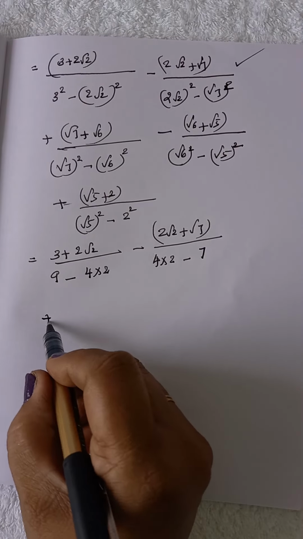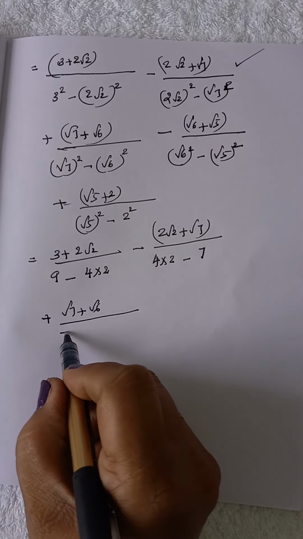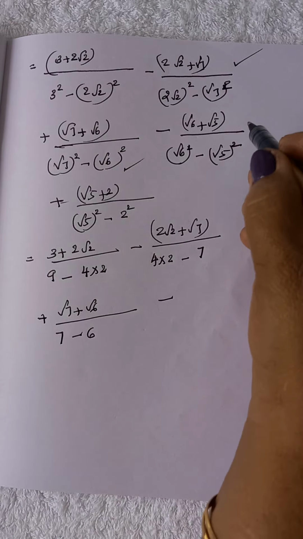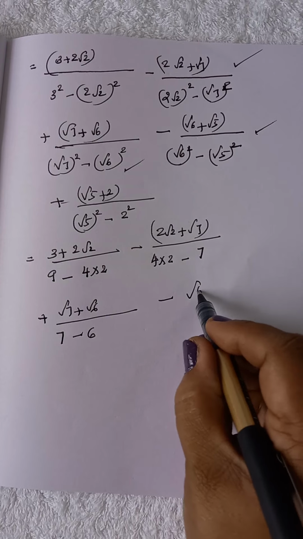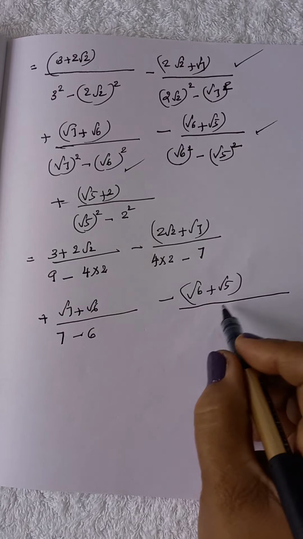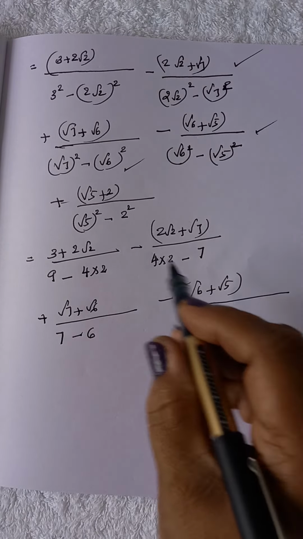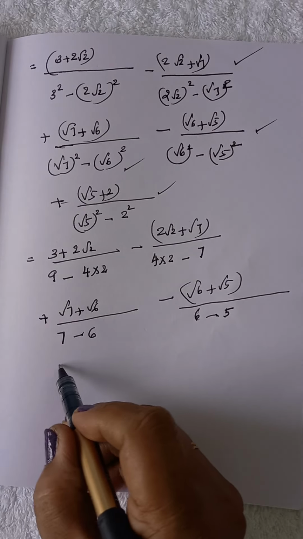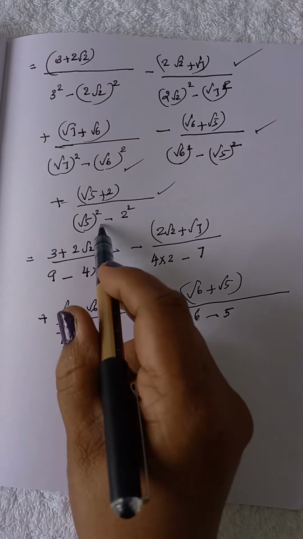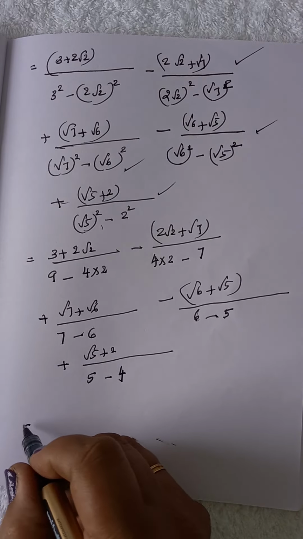Then plus root 7 plus root 6 divided by root 7 square is 7, minus root 6 square is 6. Then minus this term, that is root 6 plus root 5, bracket you have to put that, divided by root 6 square is 6, minus root 5 square is 5. Then this term, that is plus root 5 plus 2 divided by root 5 square is 5, minus 2 square is 4.